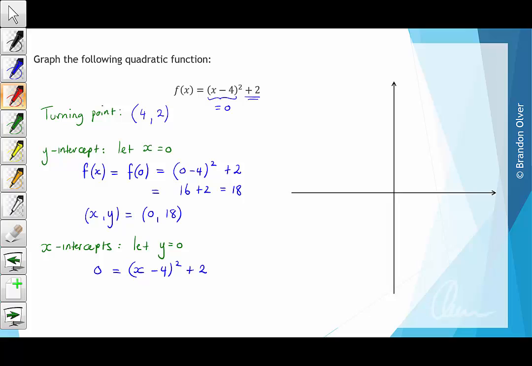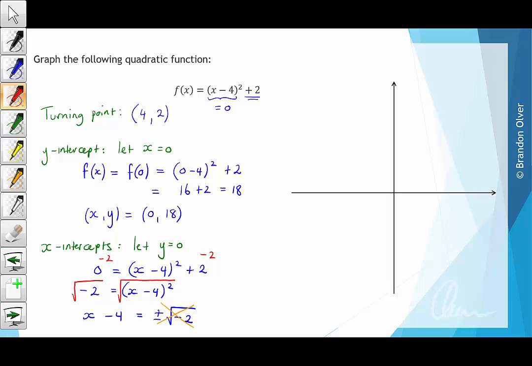Then we subtract 2 from both sides, and we get minus 2 is equal to (x - 4)². And then we need to undo this using the square root, so we take the square root of both sides, and all of a sudden we find x - 4 is equal to plus or minus the square root of negative 2. But we know the square root of negative 2 is not a real number. So this means that there are no x-intercepts.